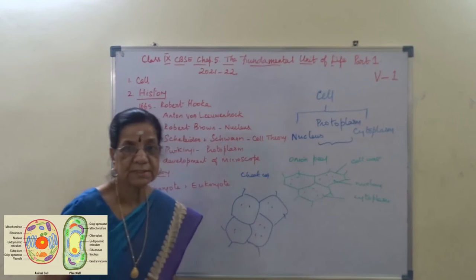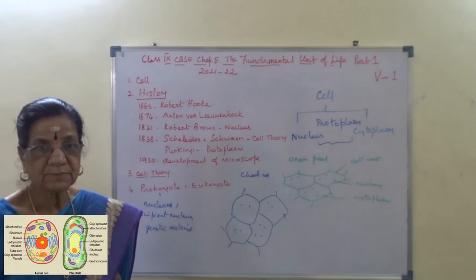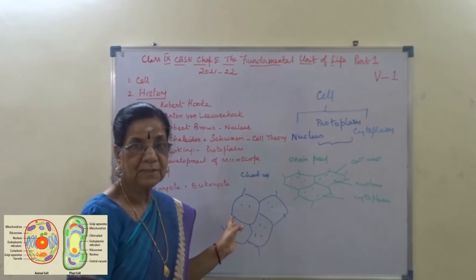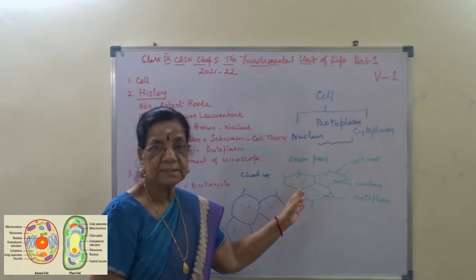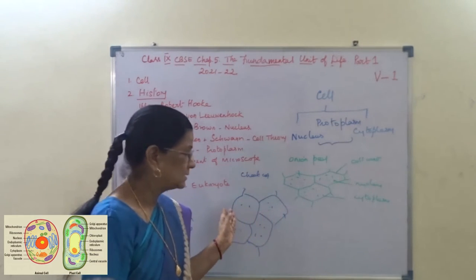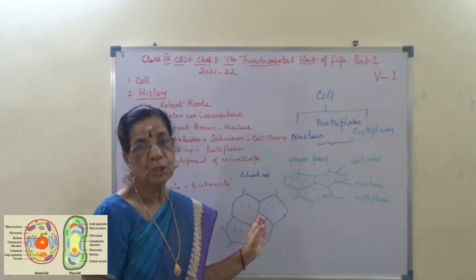This is onion cell. Now what's the difference? First, this is a plant cell. This is animal cell. Now this plant cell will have a definite cell wall, whereas animal cell, it is not so.